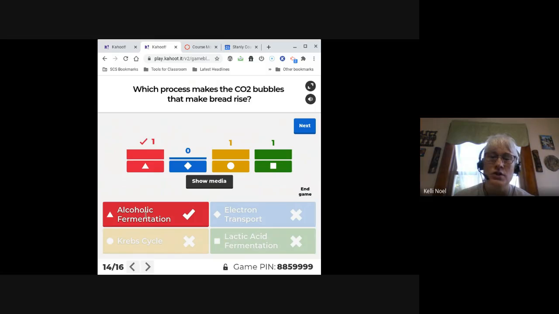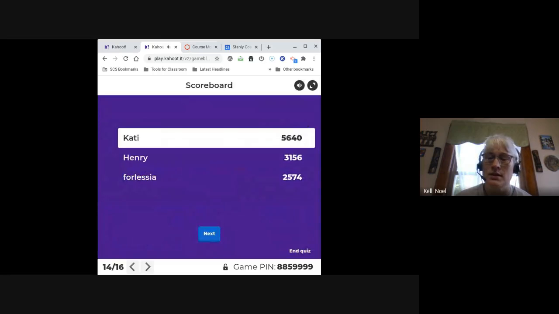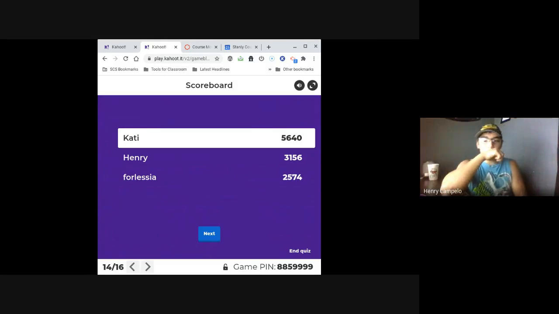Alcoholic fermentation uses yeast and sugar, and one of its products besides carbon dioxide is alcohol. It has to go through other processes to get to the final product, but that's the beginning stages.